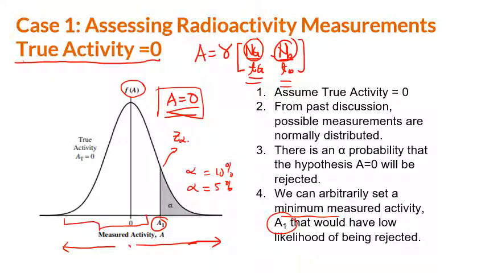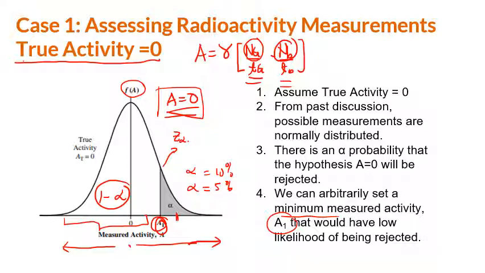is 1 minus alpha. So, ibig sabihin, kapag nandito yung value mo, nasa region ng 1 minus alpha, ang assessment natin, 0 yung activity. Pero kapag nandito na sa region na ito, pag lumagpas ka na sa A1, ibig sabihin, may significant radiation ka nang name-measure based on this pag-set up nung ating value na A1.